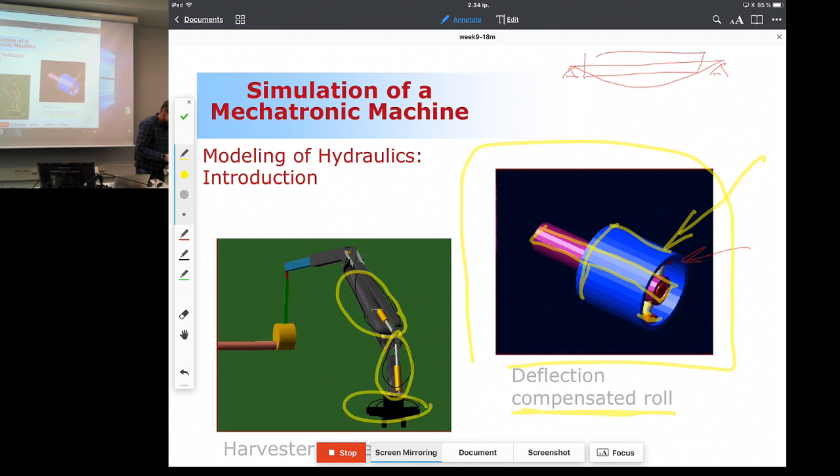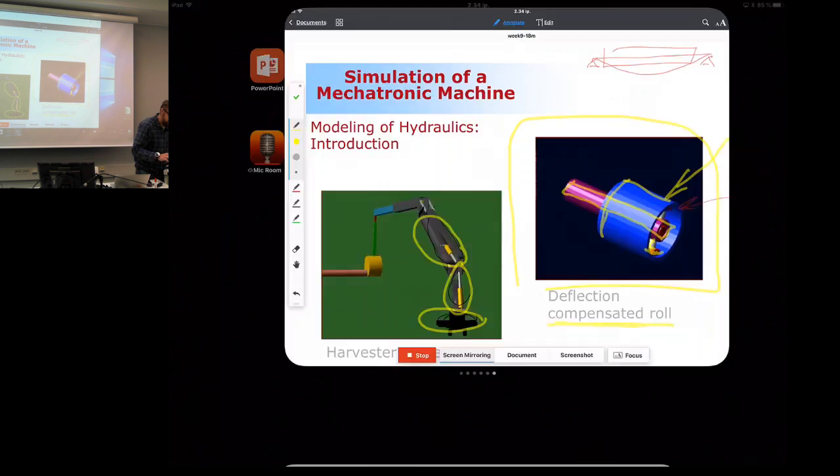Okay, then I want to show you some animations. I think it is loading something.